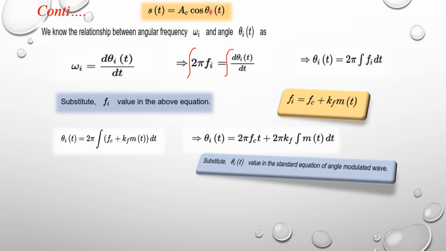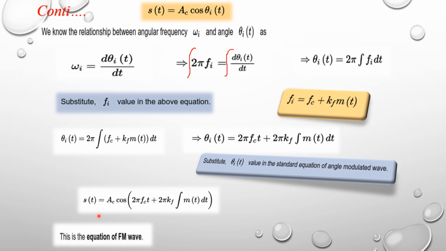Just replace θi, so s(t) is equal to Ac cos of (2π fc t plus 2π Kf times the integration of m(t) dt). And this is the equation of the FM wave.